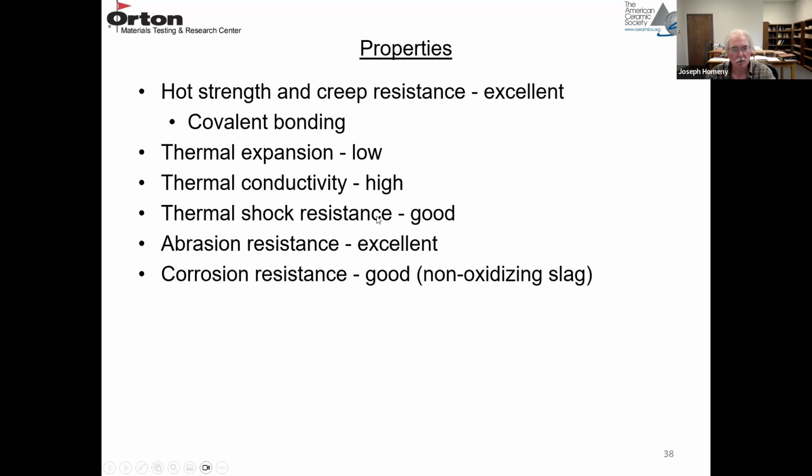So it has pretty good thermal shock resistance. Again, low expansion and high conductivity prevent thermal stresses and enhance the thermal shock resistance. Very hard, strong material. Abrasion resistance is good. It has good corrosion resistance as long as whatever it's in contact with is non-oxidizing.